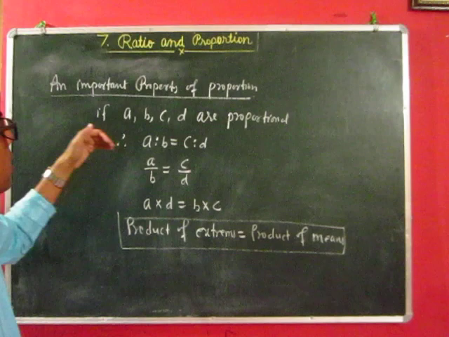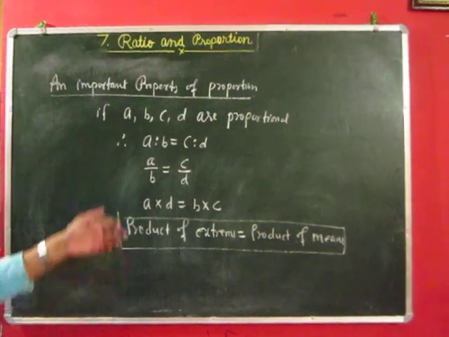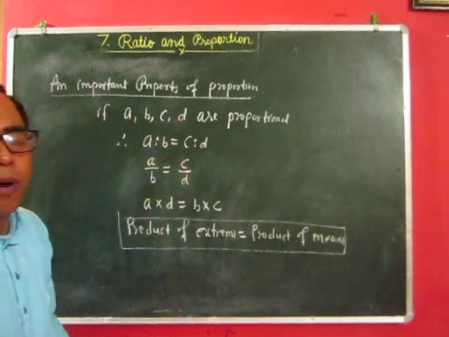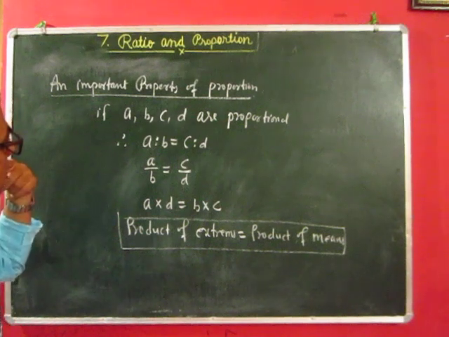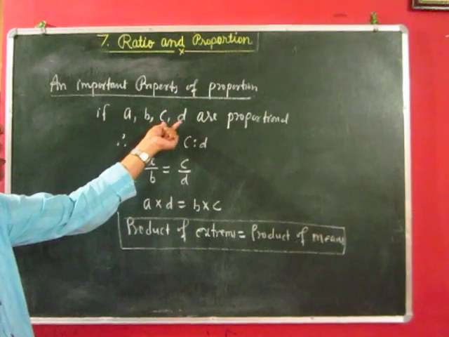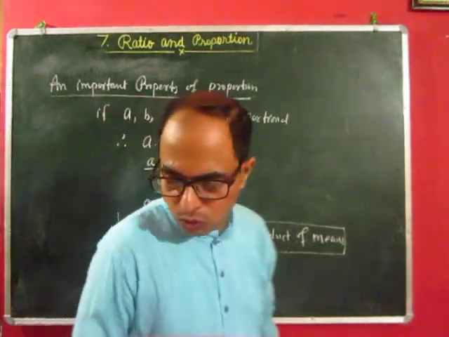It is not necessarily compulsory that all four numbers should be of same kind, but it is necessary that the first two numbers should be of the same kind and the last two numbers should be of the same kind. So this is all about proportion.